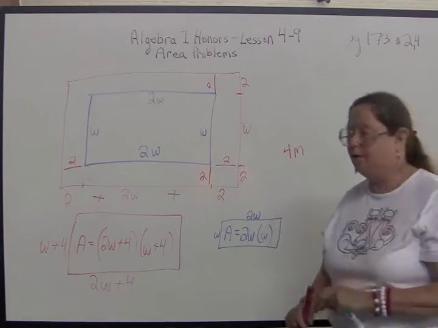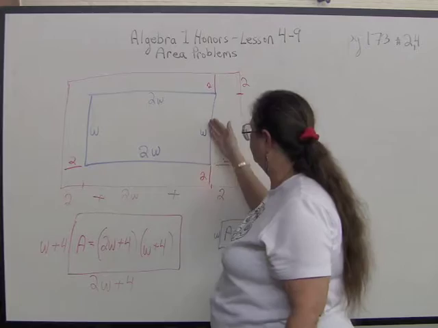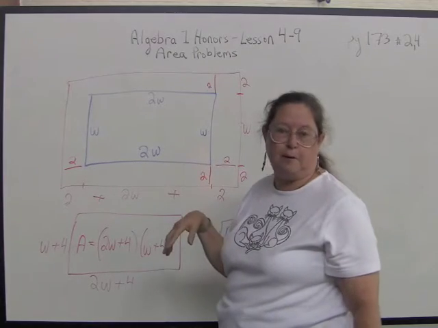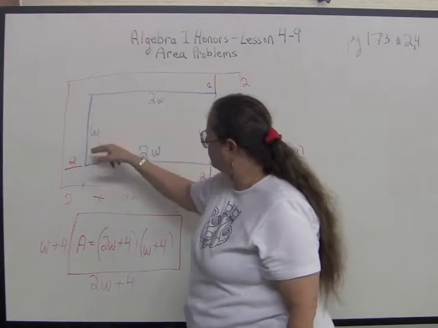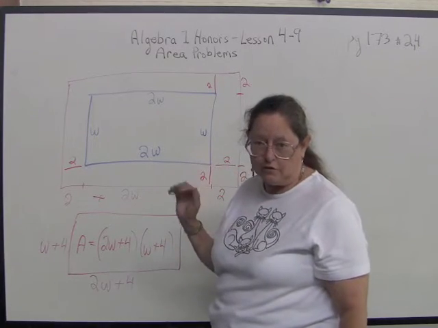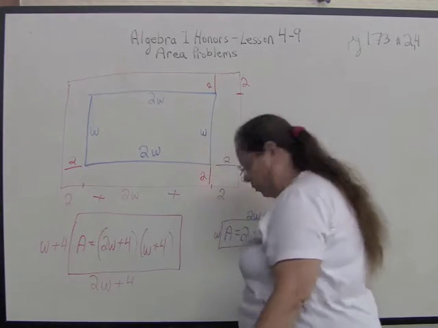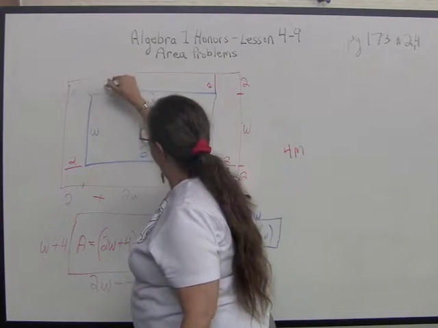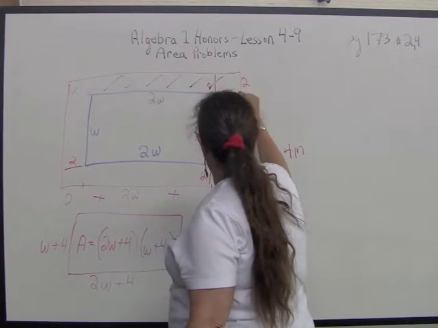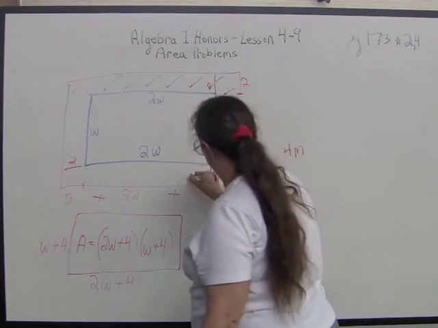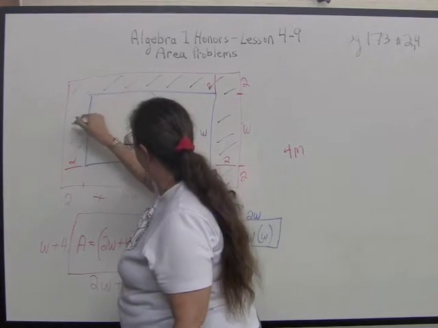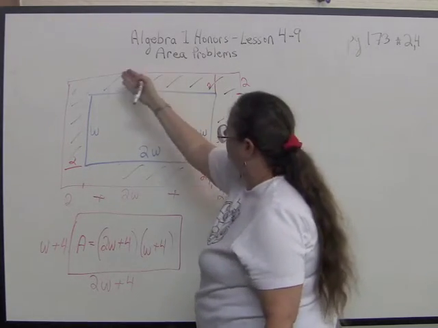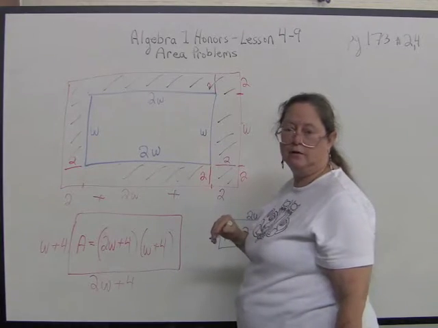Well, the increase in area, if I were covering this in contact paper, I'd buy an original amount that would cover the middle, and the additional contact paper, or paint if you want to think about painting it, that I would have to buy would be to cover essentially the border, right?